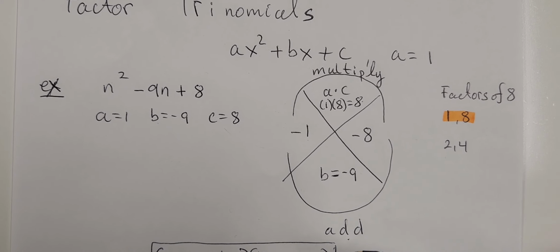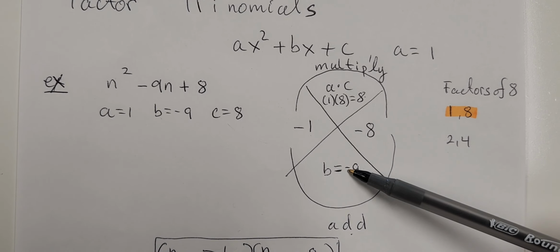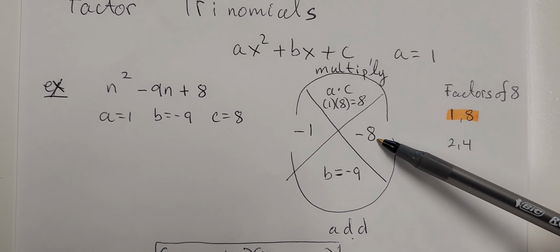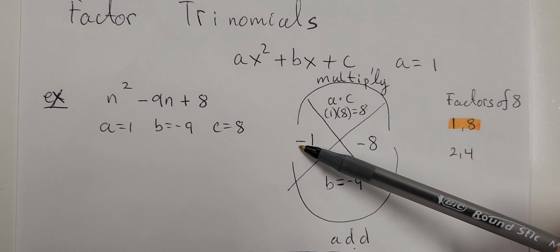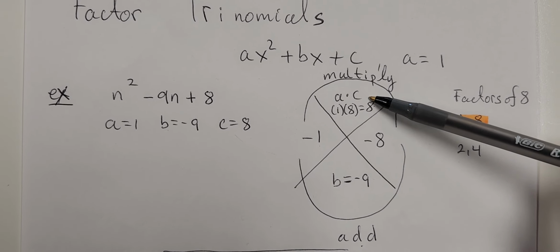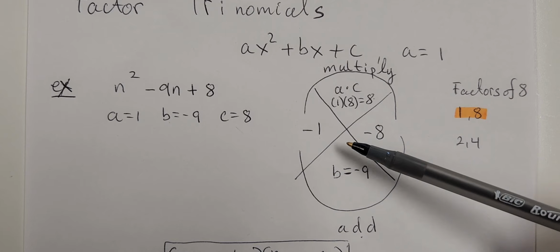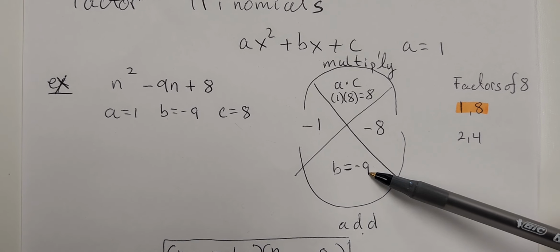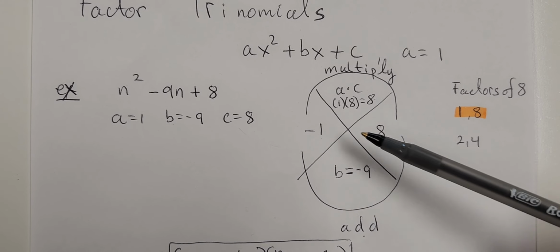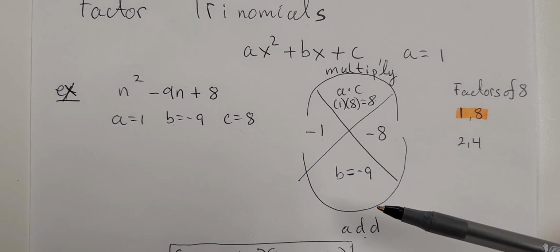However, there is a negative here, so now we have to include the negative. Both of these must be negative. Why? Because negative 1 times negative 8 gives me positive 8, and negative 1 plus negative 8 gives me negative 9. So be very careful about when to use the negative and when to use the positive.